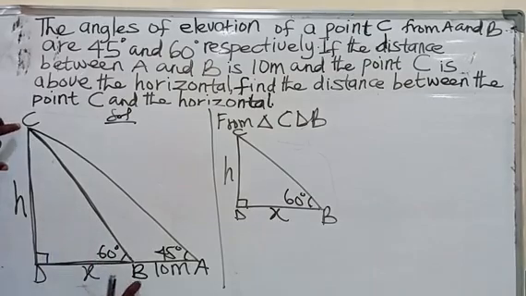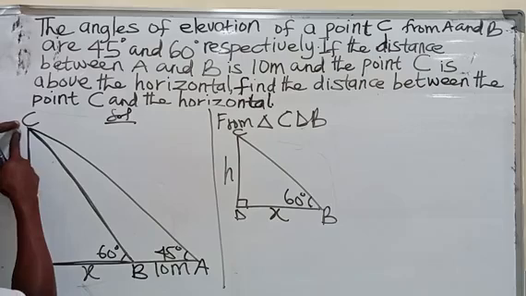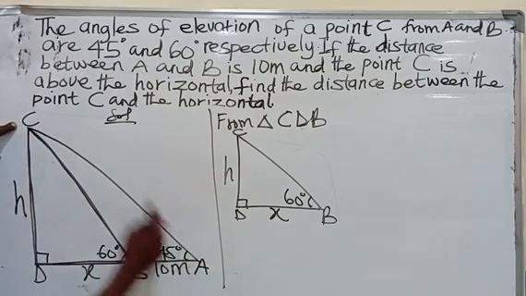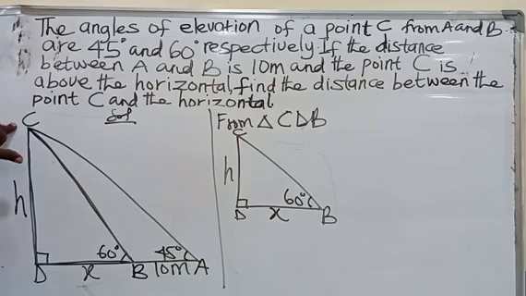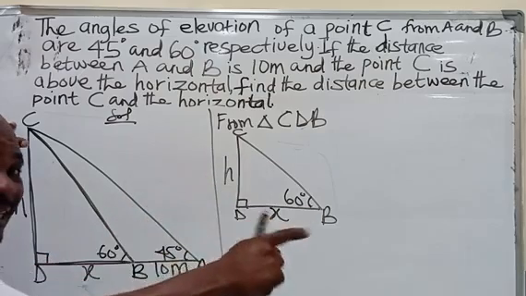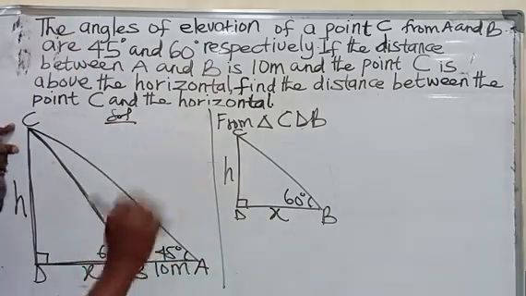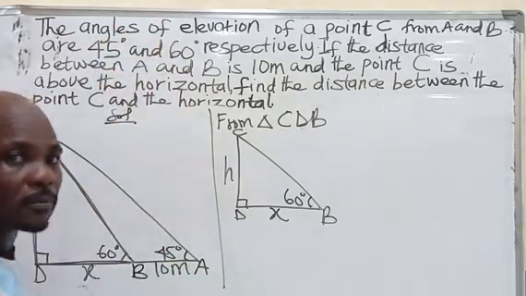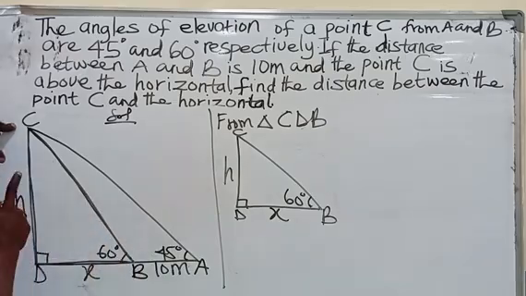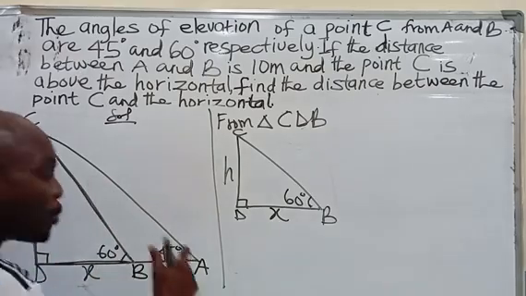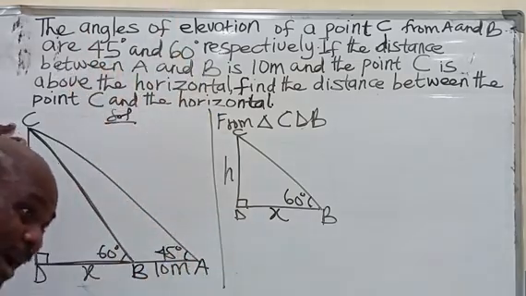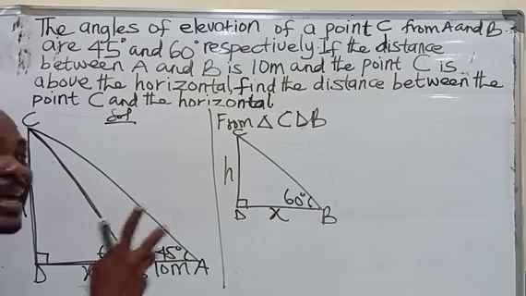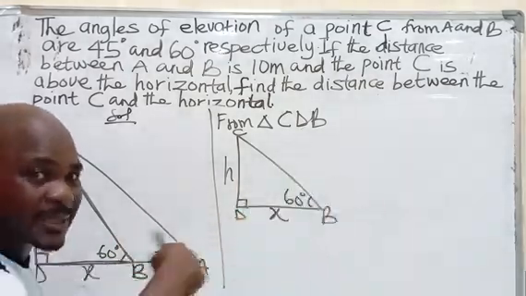If somebody is standing here and looking at the top of the building, and another person is standing here and looking at the top of the building, the fact that there's a distance between them doesn't change the height of the building. The height of the building remains the same. So as it remains the same, it means that both of them are seeing the building at the same height. The only difference is that they are standing at what? Distance apart.